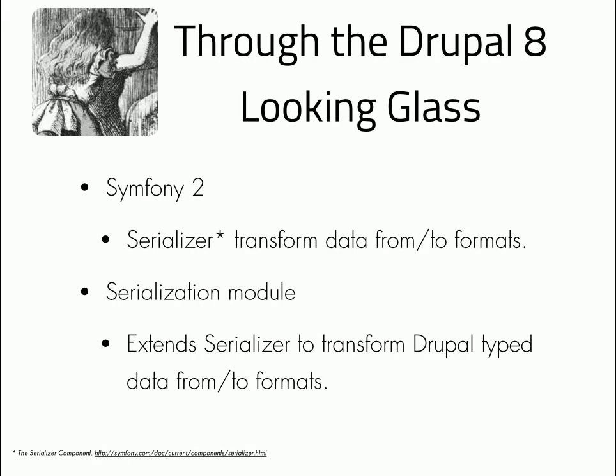And so Drupal 8 now includes Symfony 2's serializer component and 2 modules that extend serializer in a myriad of ways, including implementing HAL-JSON as an encoding and decoding format and handling how to serialize entities. And the way that it's doing this is through this really low-level API called type data.